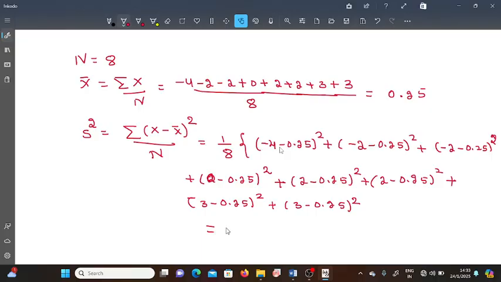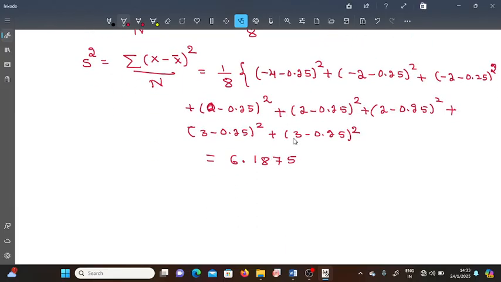After simplification we get the sample variance as 6.1875. Now we need the sample standard deviation, that is S.